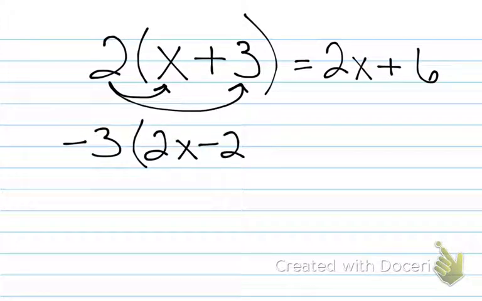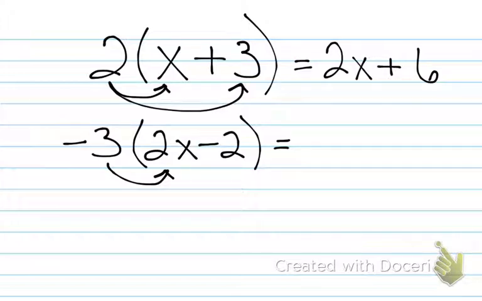What about this one? Negative 3 times 2x minus 2. So now I've got a negative on the outside. Does that change anything? Does that change my process? No. What's negative 3 times 2x? Negative 6x. I multiply the coefficients. Remember that word that we just learned?